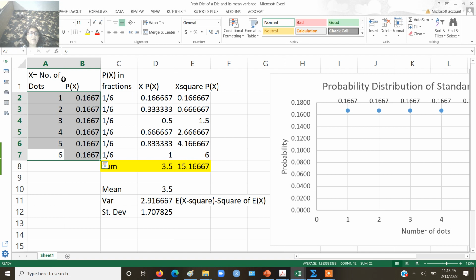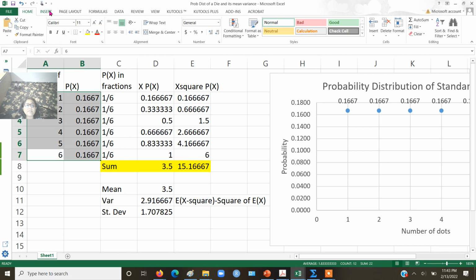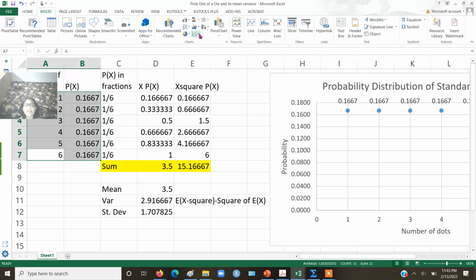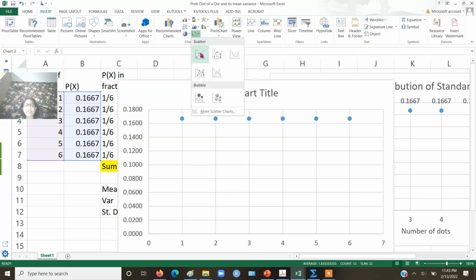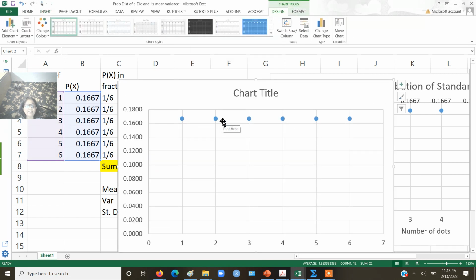I haven't selected the column headings, I've just selected the data, and then I go to insert. Under insert, I have this option of scatter, and I can click this, so you can see that this chart is made.